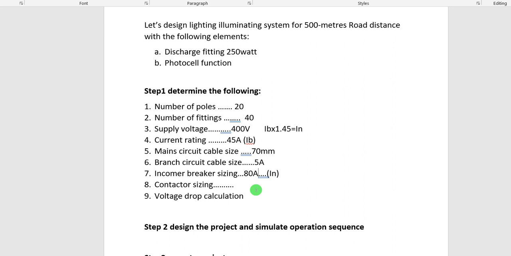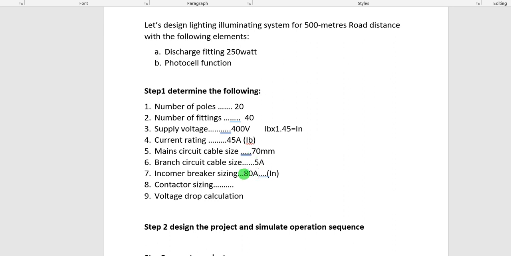Then the cable size is 70 mm square. Take note: the 70 mm square against 80 amps, this segregation is enough for the tripping of this particular breaker. The temperature of this cable is more than sufficient to respond to the fault.